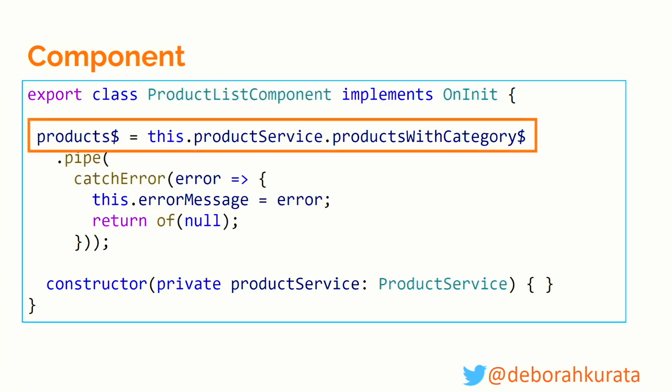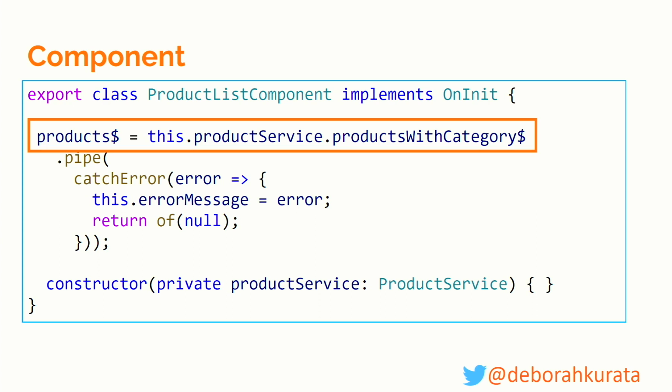So our component, remember when we looked at our component before, we were setting products dollar equal to this.productService.products dollar. Now we're going to instead set it equal to this.productService.products with category dollar. So now it just has our same product data, but now has this additional category property on it. Since we still have products dollar there on the left, our binding all still works.